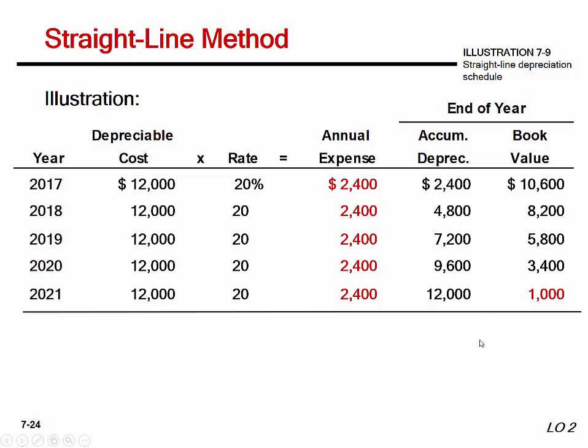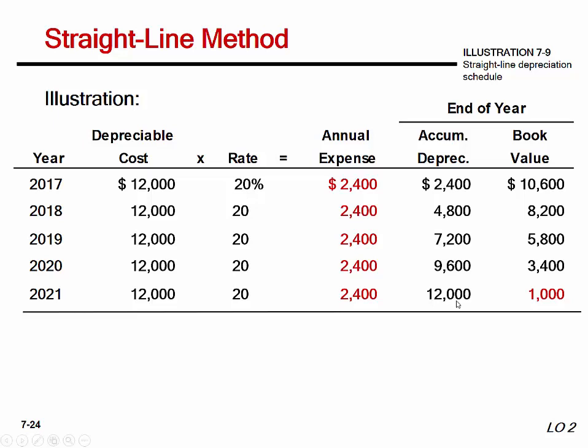Now, if you guys will sit here and look at this and think about what we have just done, look at what number we have sitting in accumulated depreciation. Is this not what we calculated as depreciable cost? We have now taken the depreciable cost of 12,000 and spread it evenly, straight line method, across 5 years.